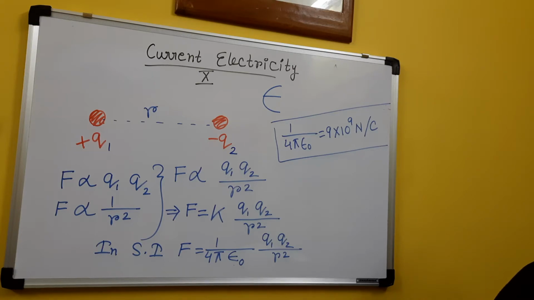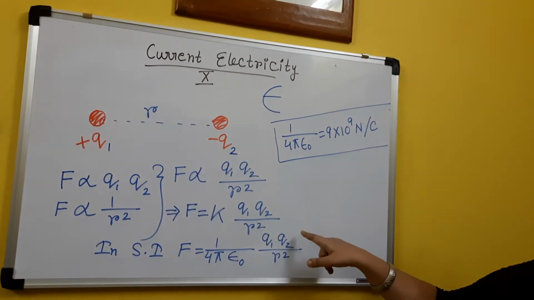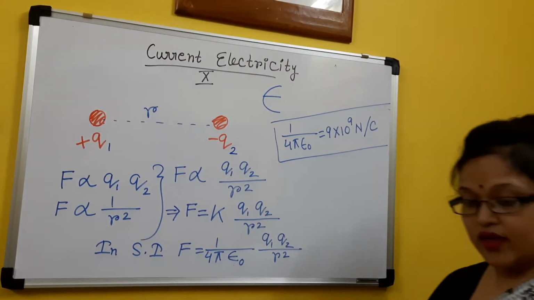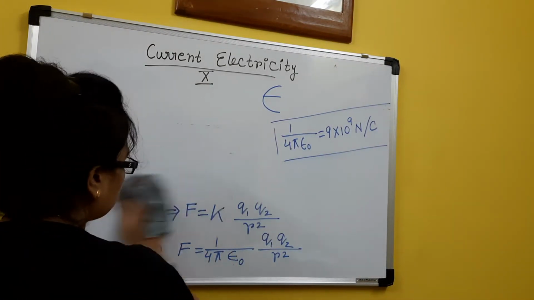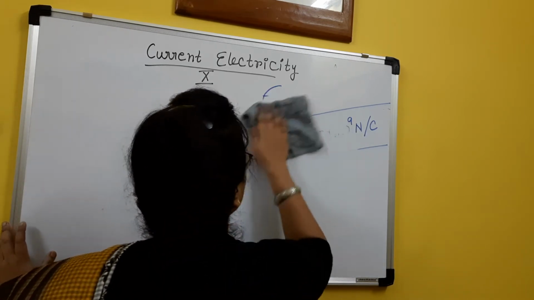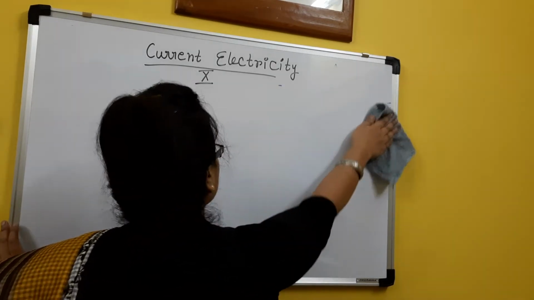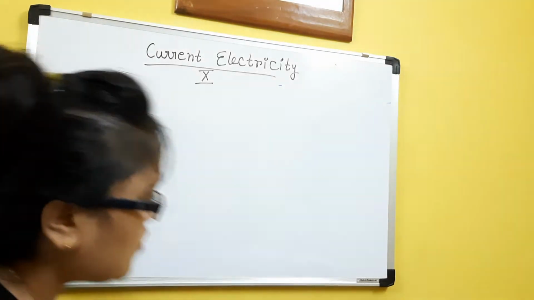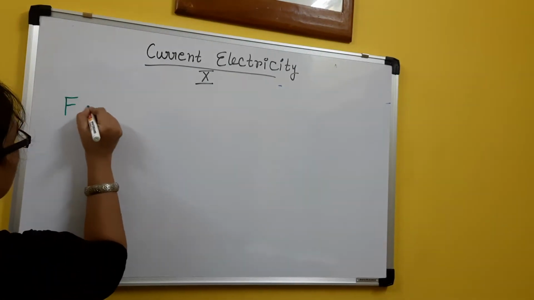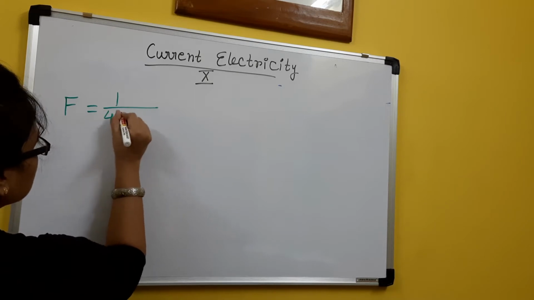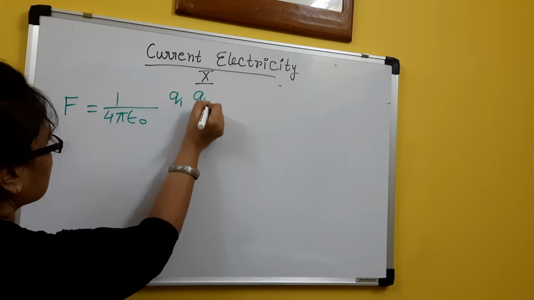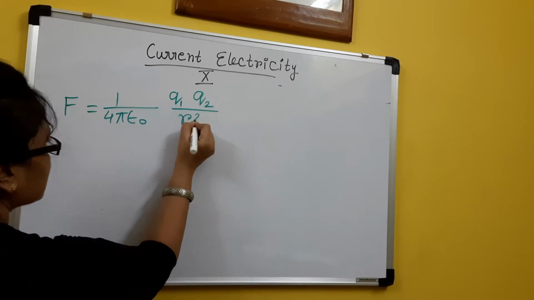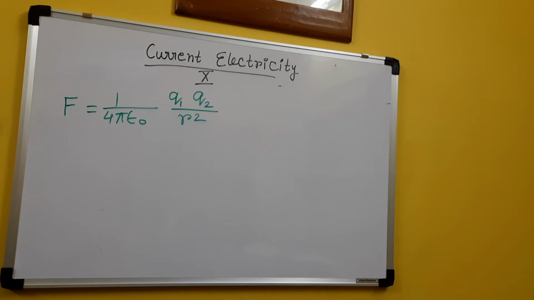So F equal to 1 by 4 pi epsilon 0 q1 q2 by r square.